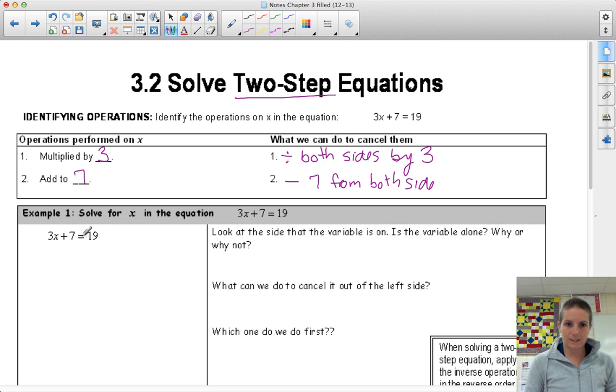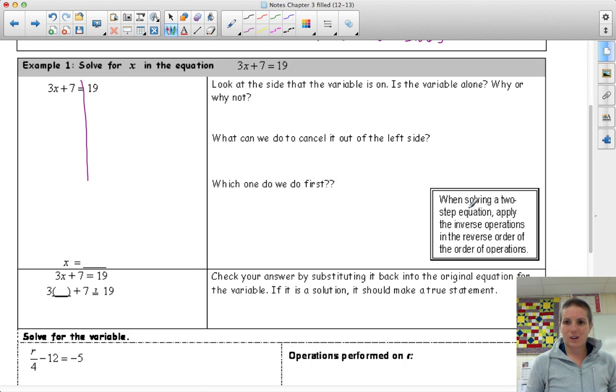So we use our balance line and we work our order of operations in reverse. Look, it's even in this lovely little box over here. Solving a two-step equation, apply the inverse operations in the reverse order of the order of operations.